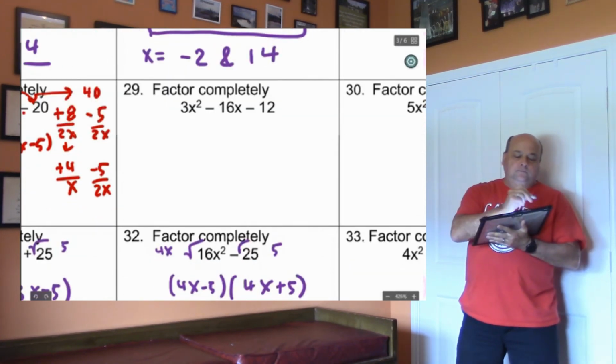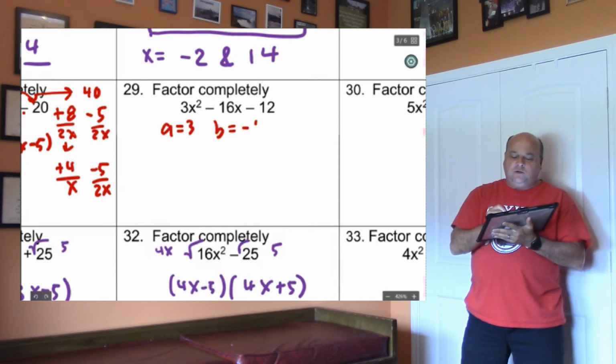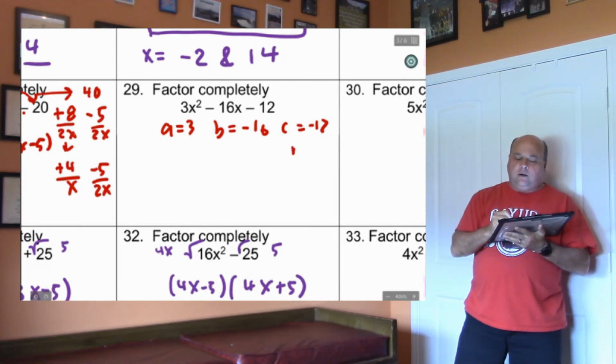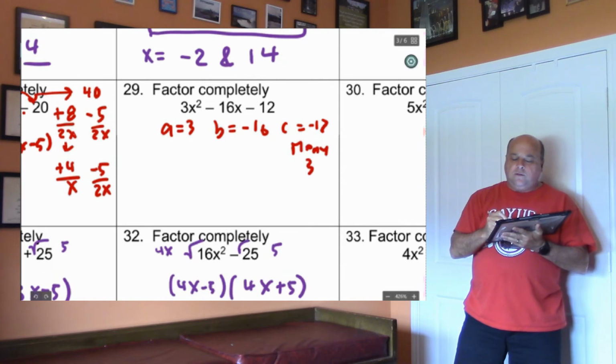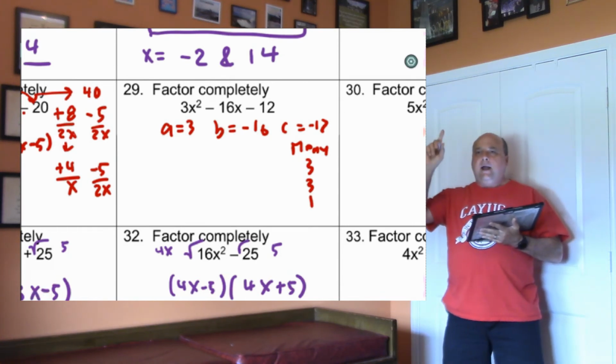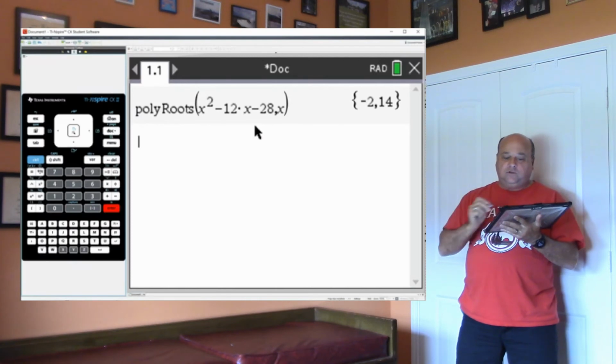Okay, right here. I got my A equals 3, my B equals negative 16, and my C equals negative 12. So I'm going to repeat the process on the calculator. Remember, it was menu, 3, 3, and then I think 1, and then you just type them in, right? So menu, algebra, polynomial tools, and then find the zeros, or find the roots, okay?